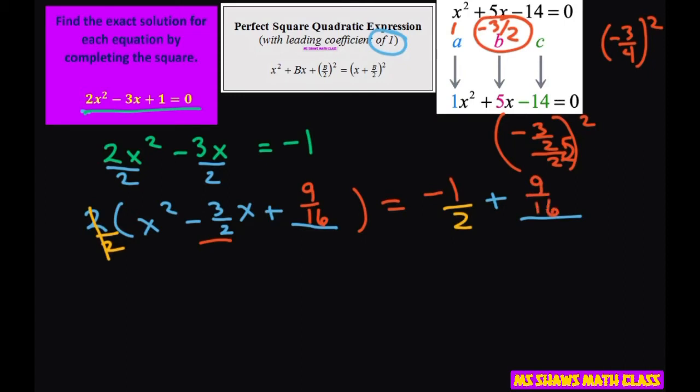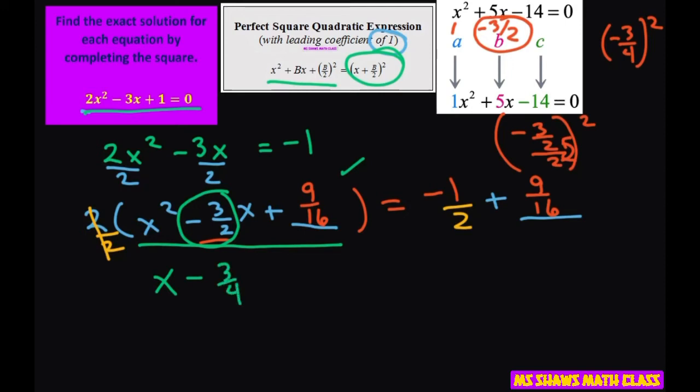All right. Now that you have that, we can condense this into this format. We have a perfect square trinomial, and we're good with that as long as we added this number also on the right-hand side. So we're going to take x minus, and you take your b, take half of that. So 1 half times 3 halves is 3/4. Or you just take this number here, because we already took half of it there.